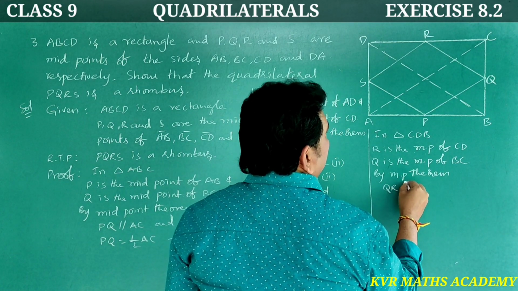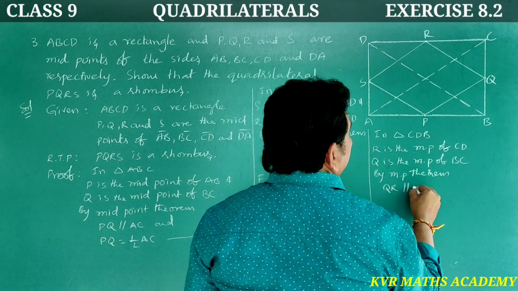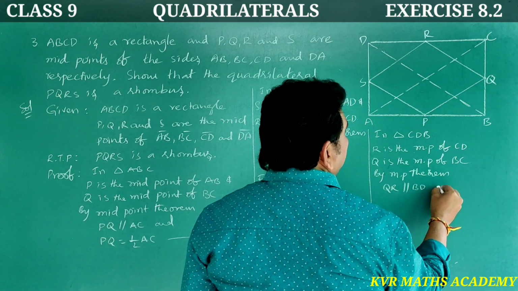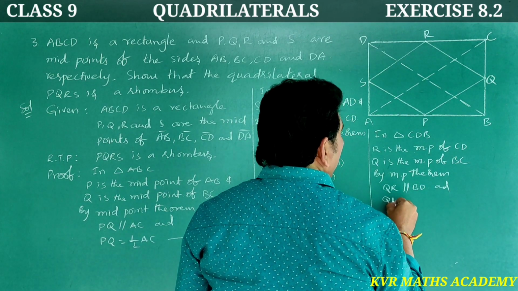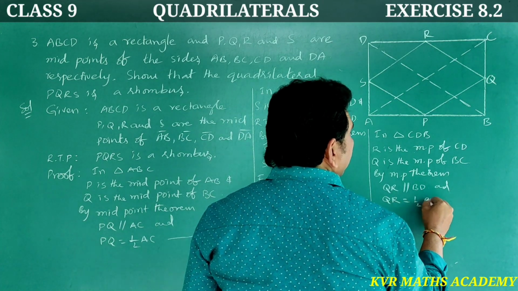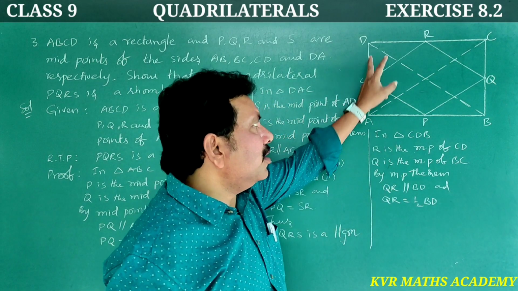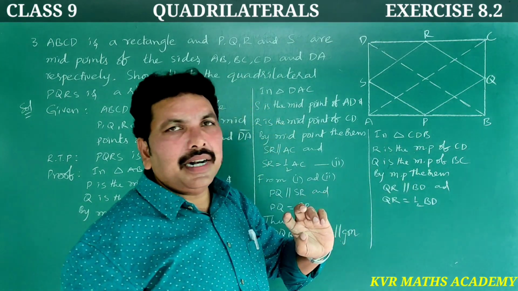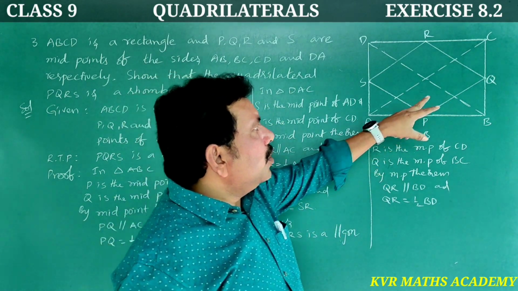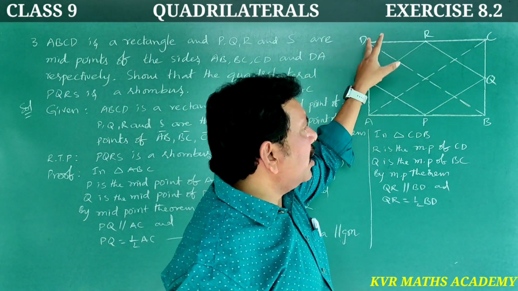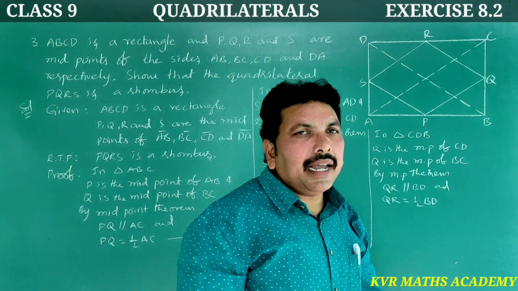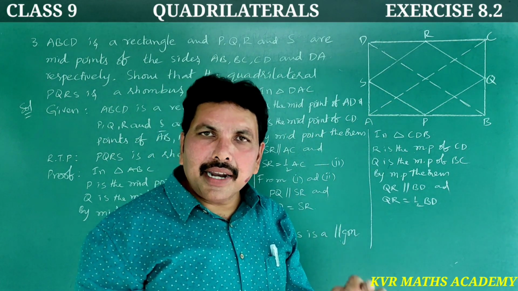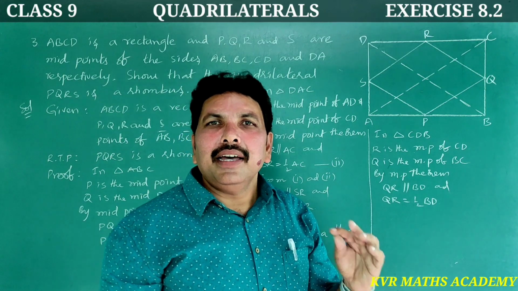QR is parallel to BD, and QR is equal to half BD, right? We know that diagonals are equal in a rectangle.